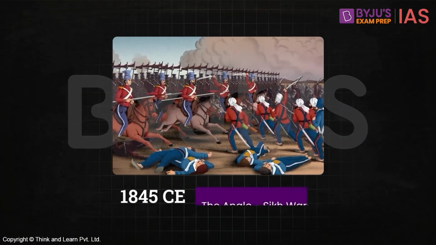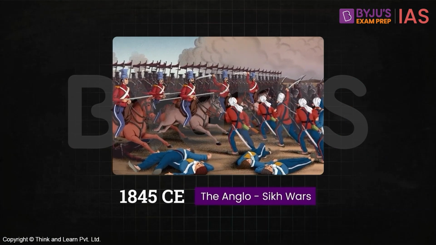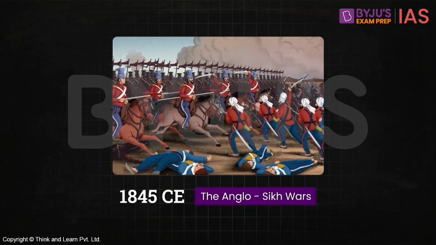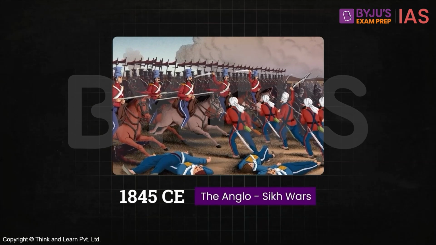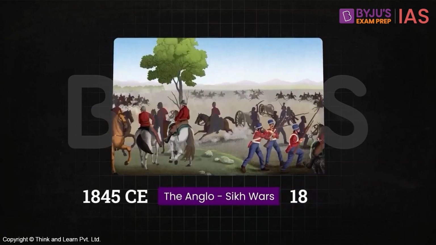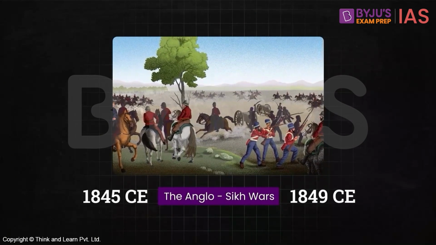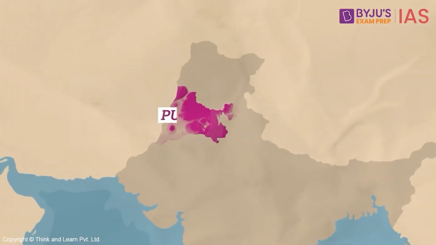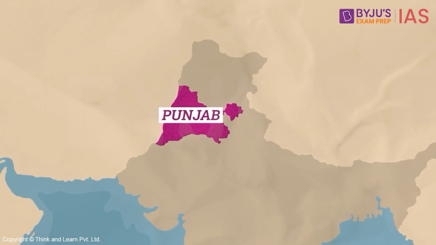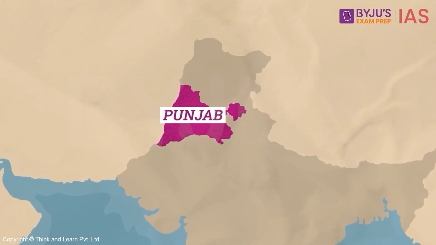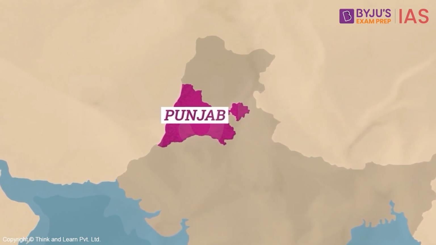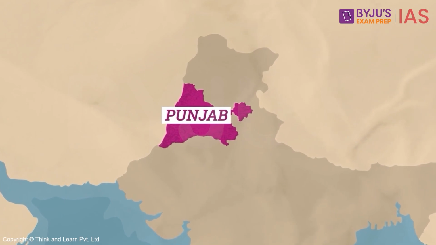Meanwhile, the Sikhs tried to keep the British at bay, but both engaged in 2 all-out wars between 1845 and 1849 called the Anglo-Sikh Wars. The British annexed Punjab, and the war ended with some Sikh squadrons eventually fighting alongside the British in the years to come.